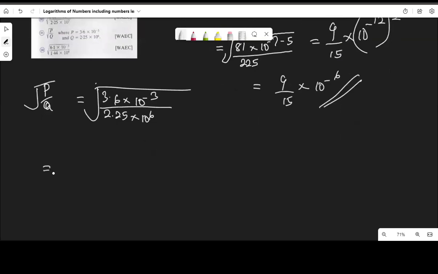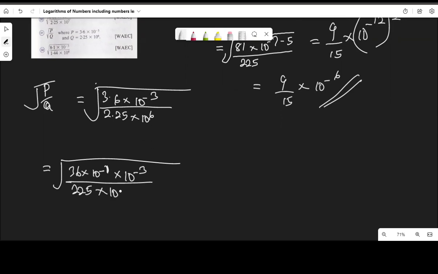This will be square root of 36 times 10 to the power of minus 1, because I moved the decimal point in one position, 10 to the power of minus 3 over 225 times 10 to the power of minus 2, I move the decimal point 1, 2, then times 10 to the power of 6.